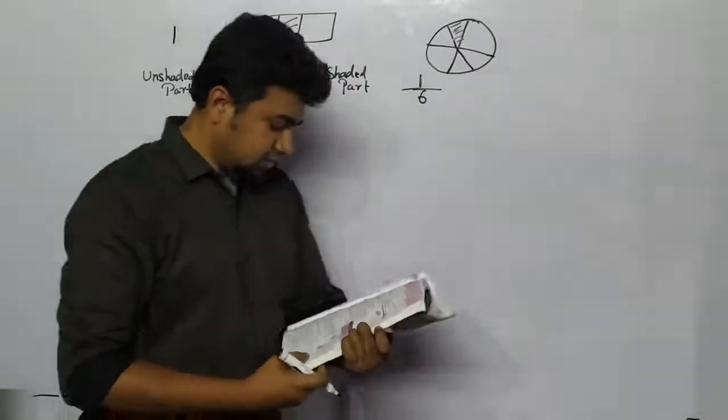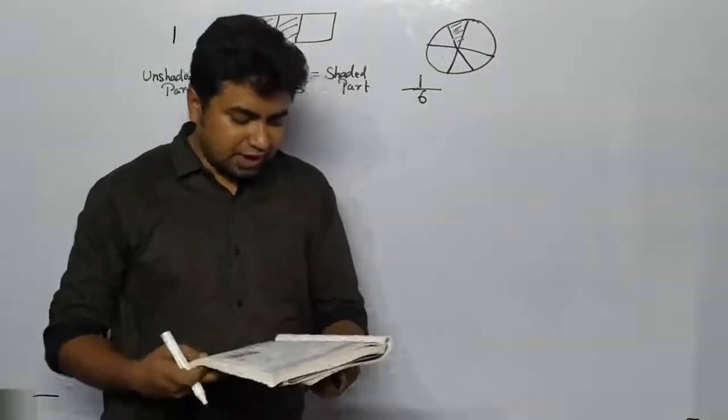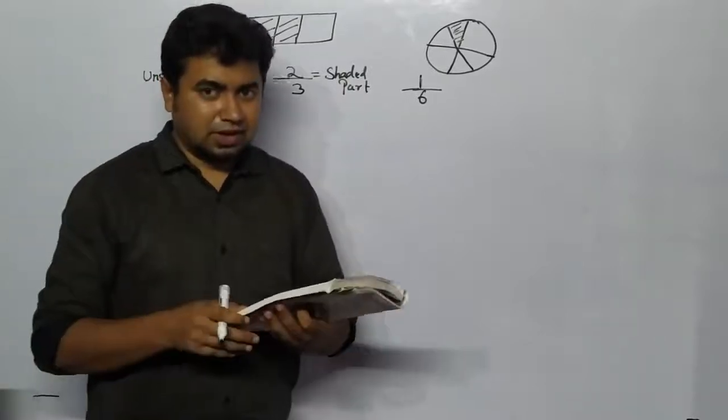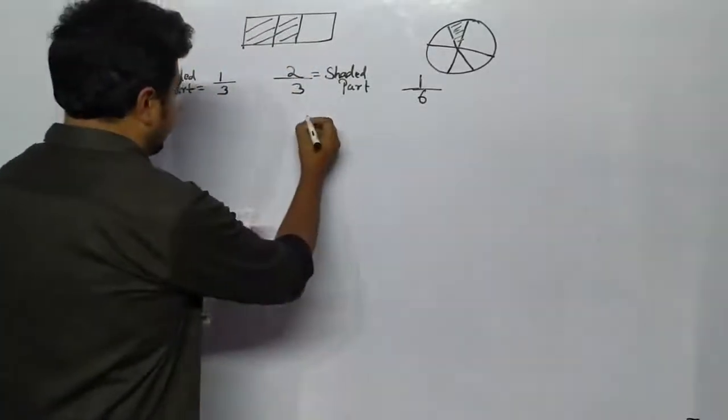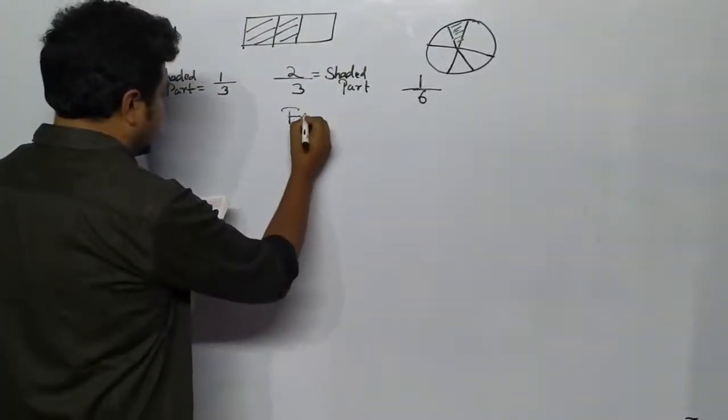So from here you can see now the fraction as division. Second part is fraction as division. I am just representing here only fraction as division.